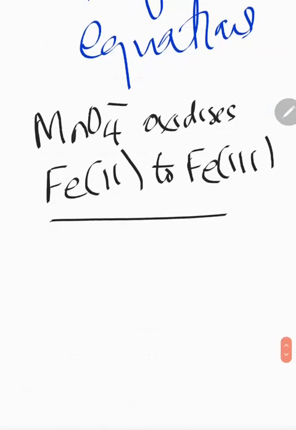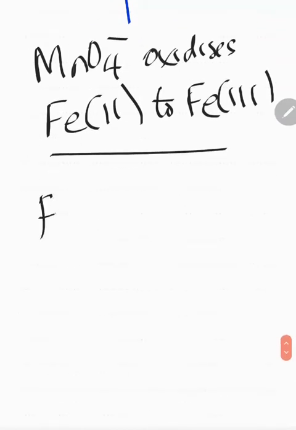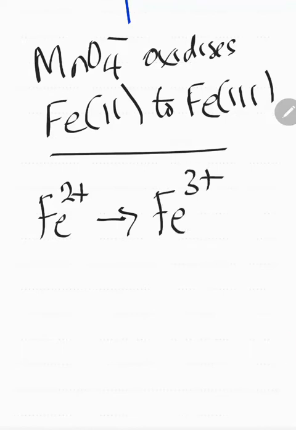Let's look at the simple equation. Fe2+ is oxidized to Fe3+. Note, if it's oxidation, the electrons are always on the right. 2 plus on the left, 3 plus on the right, add an electron, plus 3 minus 1 plus 2.